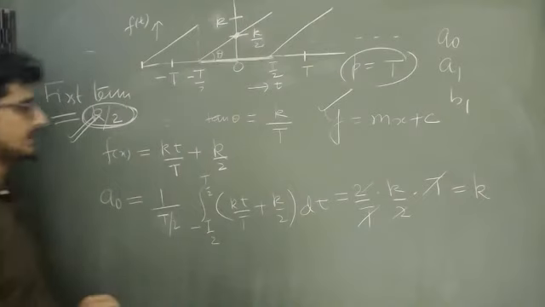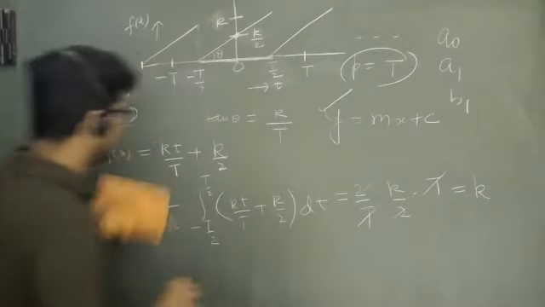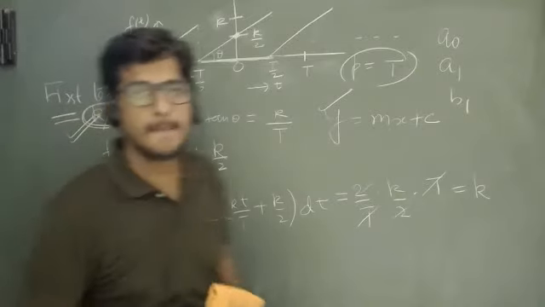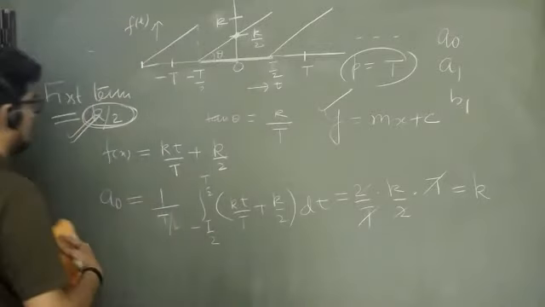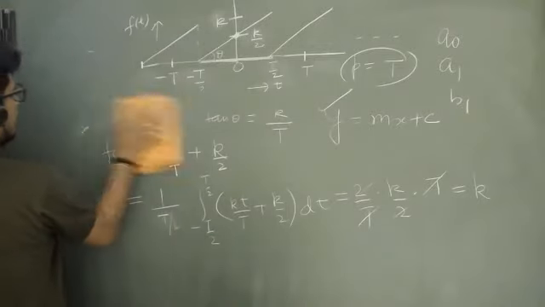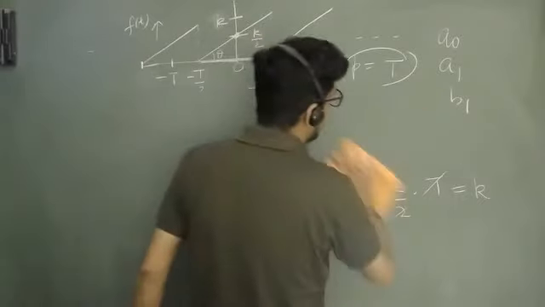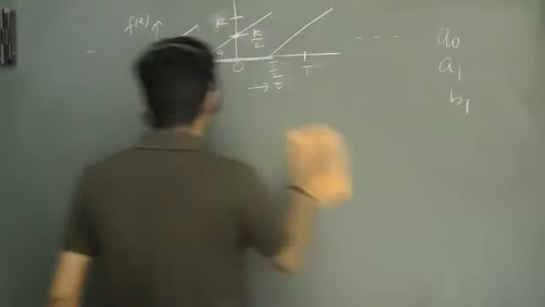Now let us calculate the value of A1 and B1. Is A naught clear to everybody? Yes? Okay. So let us get A1. Keep doing the calculations slowly, keep increasing your speed, and our efficiency will keep increasing.